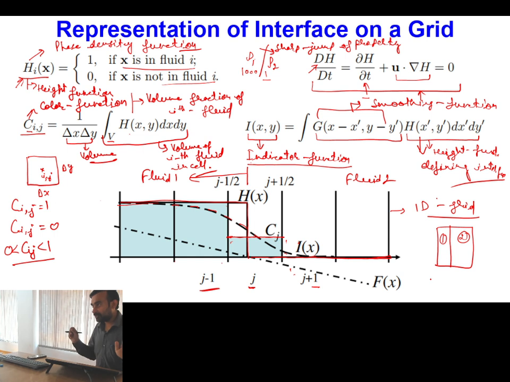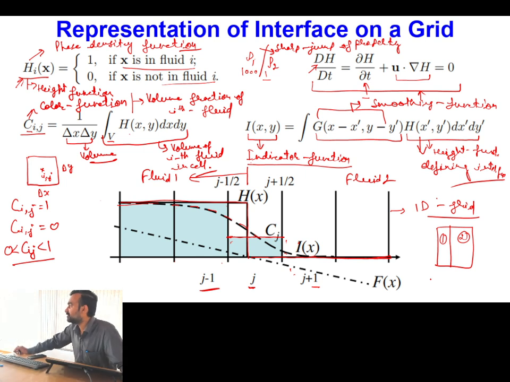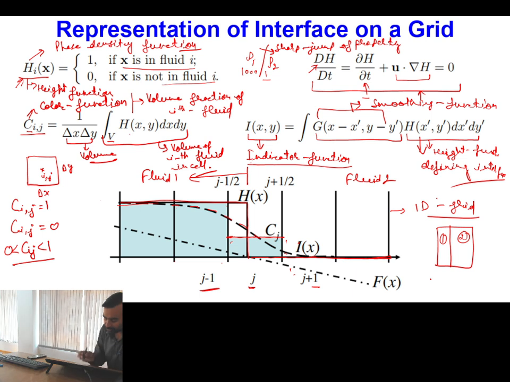And remember one point: the height function is associated with fluid 1, and the color function is associated with the amount of fluid 1 present in a cell, but the indicator function is beyond both these parameters. It is not directly associated with the fluid. It only shows gradual variation, not only in a single cell containing the mixture of the two fluids, like the cell containing the interface, but also in the cells in the neighborhood of the cell containing the interface. Is this point clear?